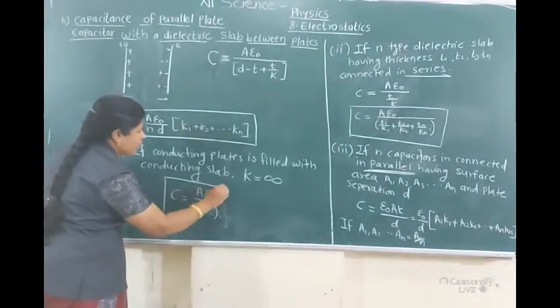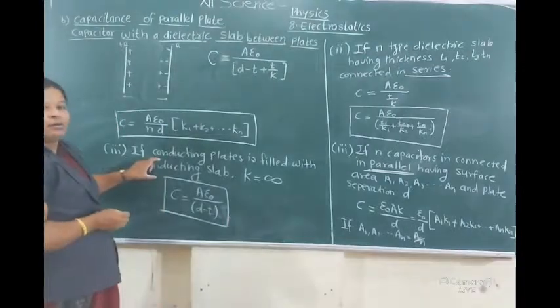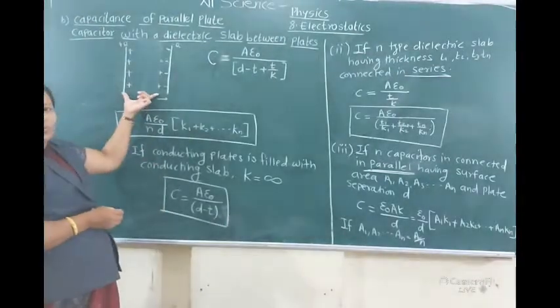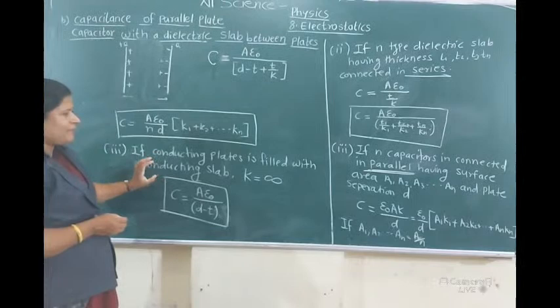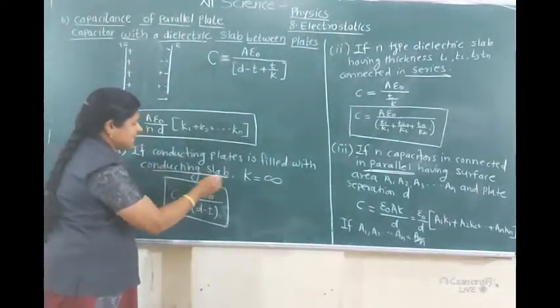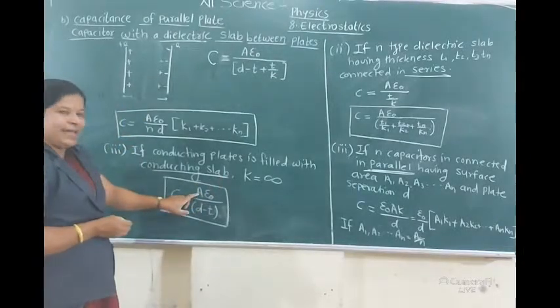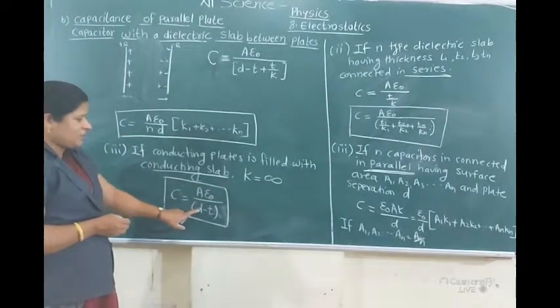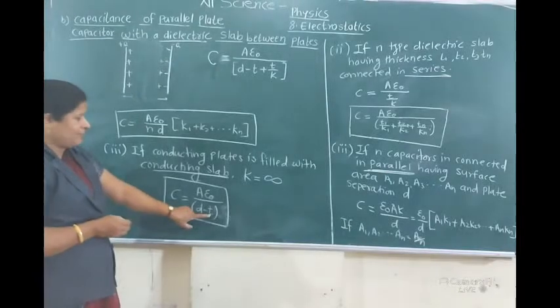So this is the formula for the capacitance of two parallel plates when we fill in between them the conducting slab. C is equal to A epsilon naught divided by (D minus T).